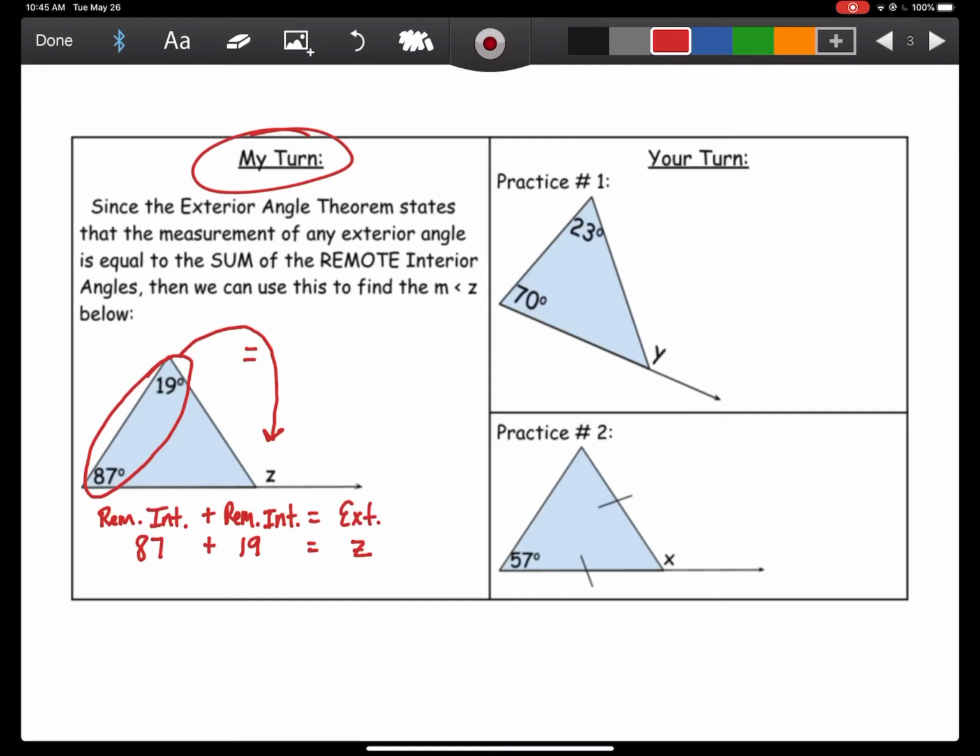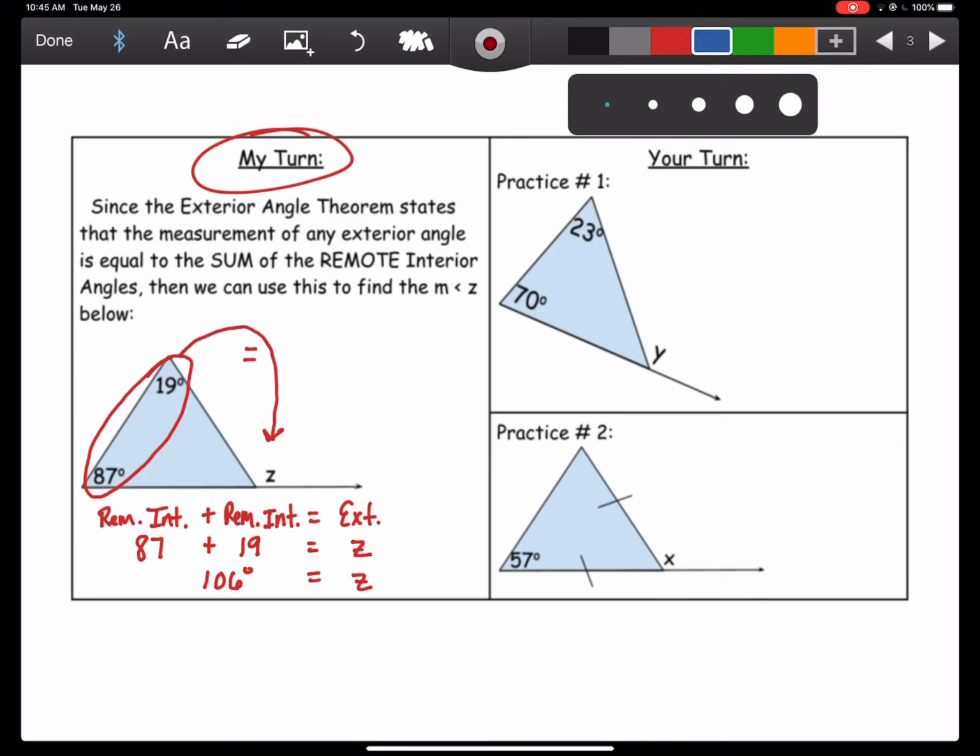So 90 plus 16 is 106. So 106 degrees equals Z. All right, so you could write these problems down and try them. You could pause the video, or you could just follow along. I'm going to keep going.